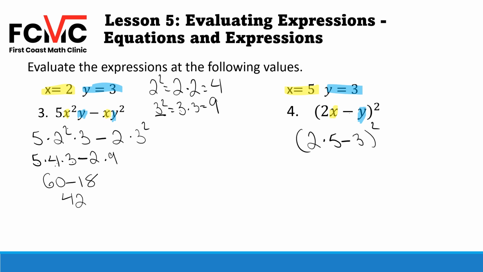Let's start inside our parentheses in our order of operations. 2 times 5 is 10 minus 3. Again, inside the parentheses, 10 minus 3 is 7 squared. 7 squared is 49. So that's our simplified answer, evaluating our expression if x is 5 and y is 3.